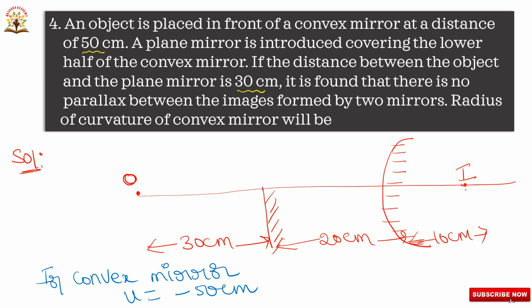Here 50 centimeters is given: an object is placed in front of a convex mirror at a distance of 50 centimeters, nothing but the object distance, that is u. As per the sign convention rules, we use the minus sign here. Now v is equal to 10 centimeter.